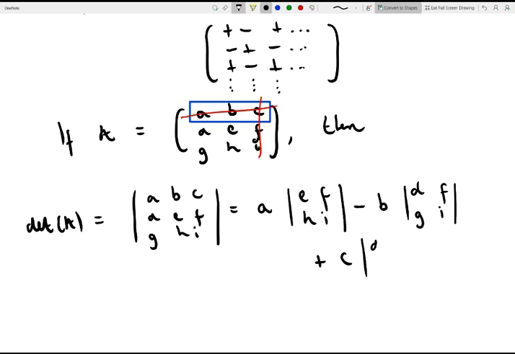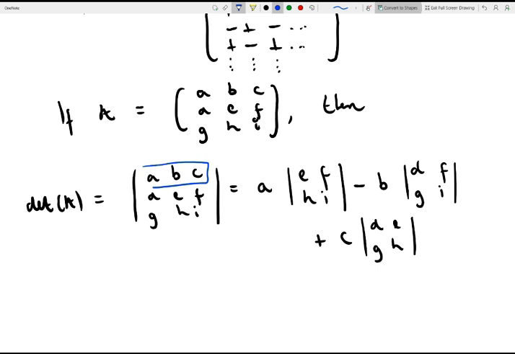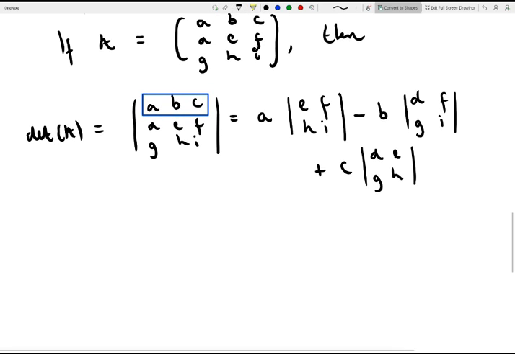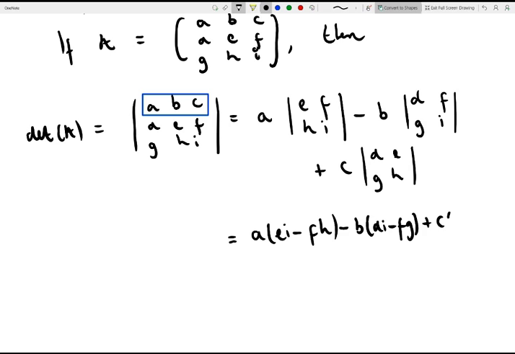So we have the matrix minor D, E, G, and H. So computing these 2 by 2 separately, we get A times (EI minus FH) minus B times (DI minus FG) plus C times (DH minus EG), and that's the 3 by 3 determinant.